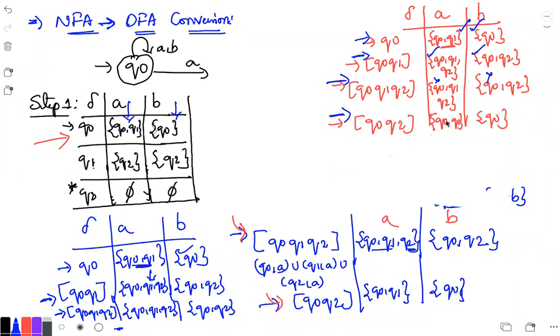Come to the next row. Q0, Q1 already merged, right? Yes, sir. Ignore it. Q0 already traversed at least once, right? Yes, sir. Ignore it. That's it. Are there any new states to merge? No, sir. The process is complete.